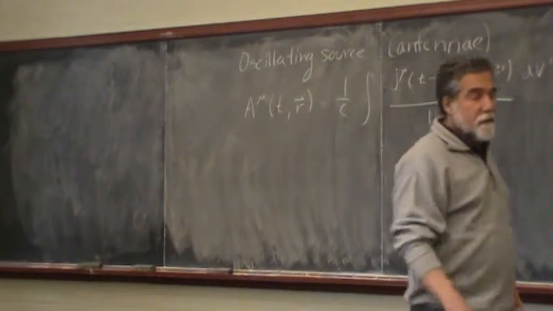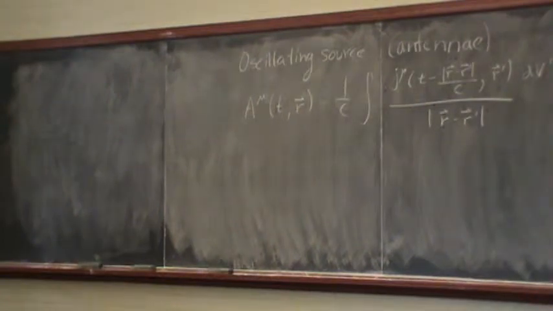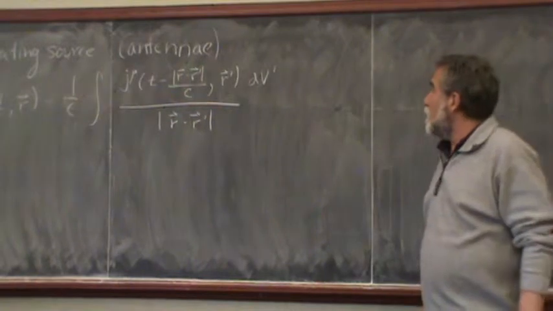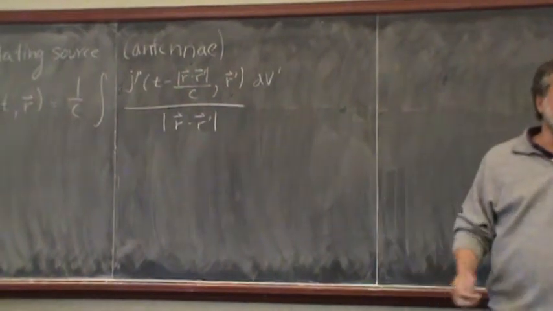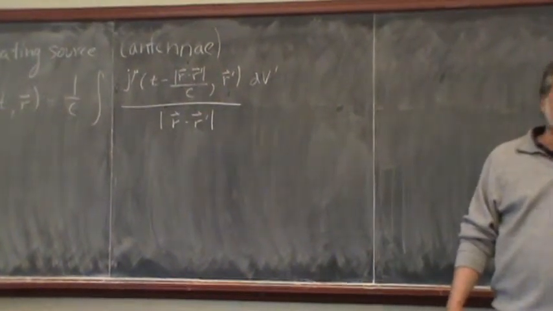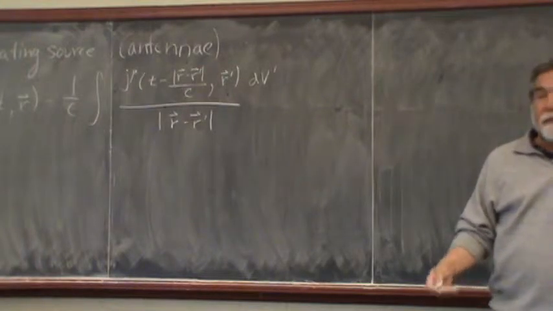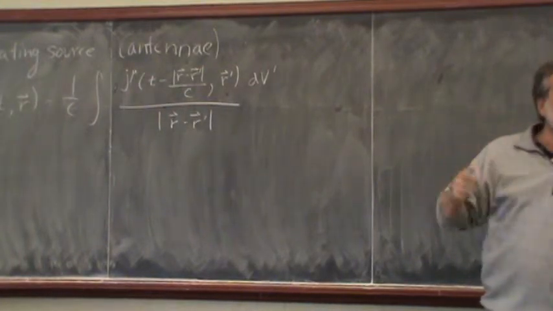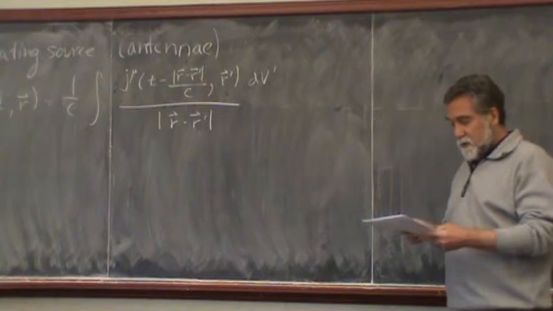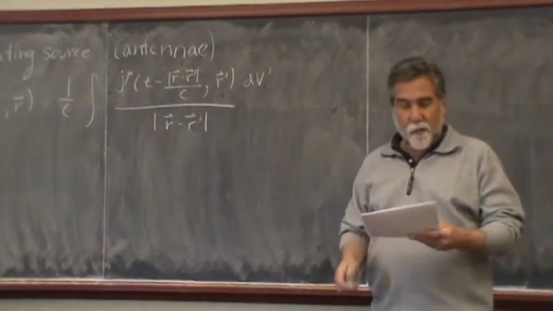But we want to extract some meaning out of this rather than just putting up the integral. So we're going to look at this expression in some approximations, and see whether we can pull it apart and understand what contributes to what.